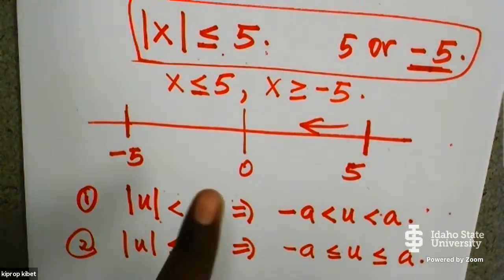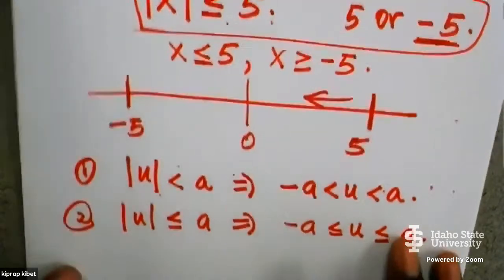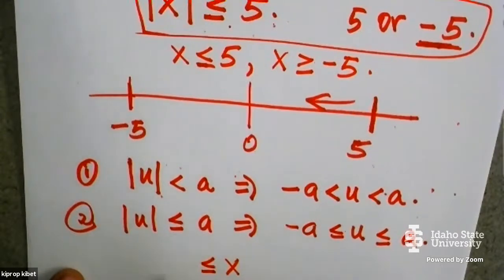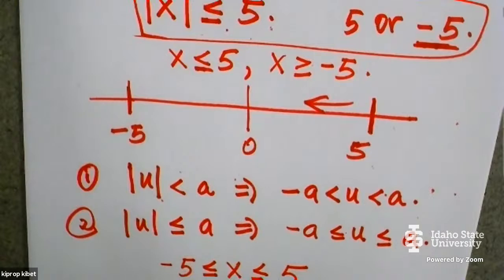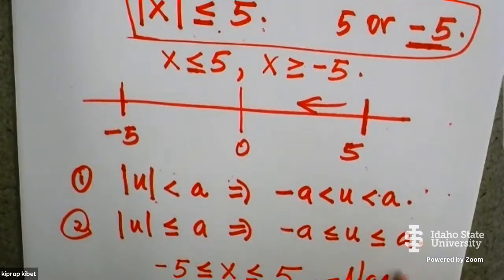So therefore, the algebraic notation here will now be x greater or equals to minus 5, and x less or equals to 5. So this is the algebraic notation.